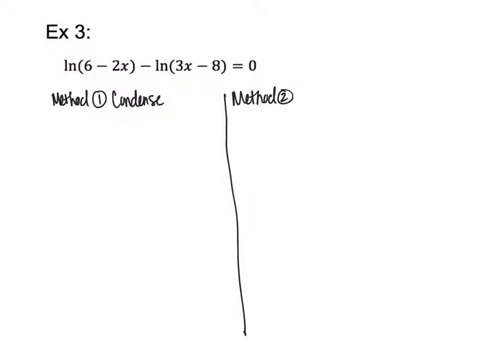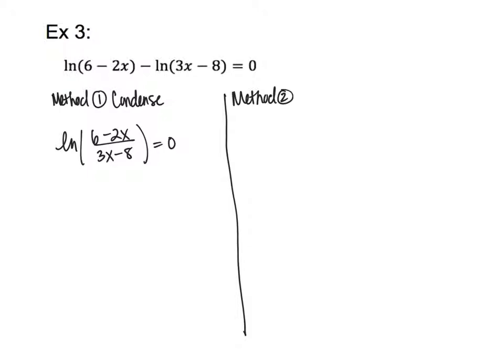If I take this problem and try to condense, on this side there are two ln's. If I have a minus sign in between them, I can condense them using division. So that's what I'm going to do. ln of 6 minus 2x divided by 3x minus 8. I divide this ln stuff with this ln stuff, and that equals 0.